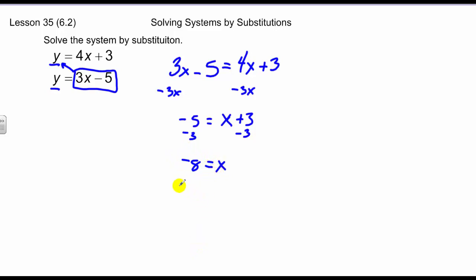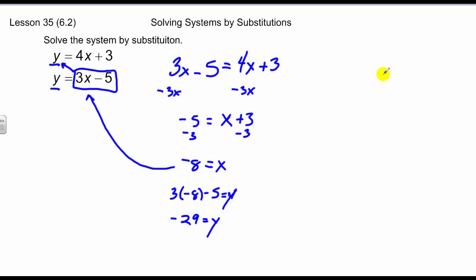If I know x equals negative 8, I can simply substitute negative 8 into either one of these two equations and find the value of y. So 3 times negative 8 minus 5 is going to equal y. Therefore, negative 29 equals y.